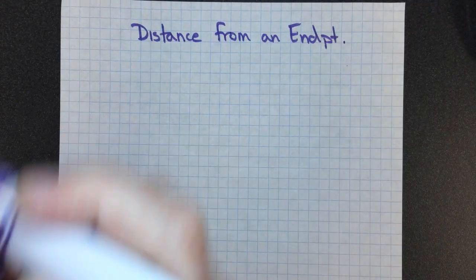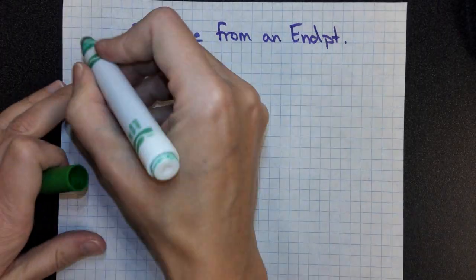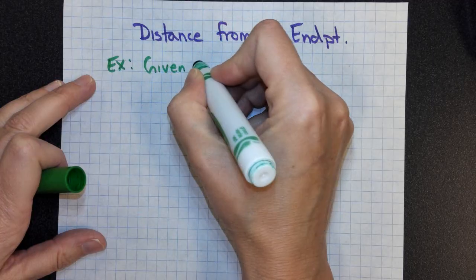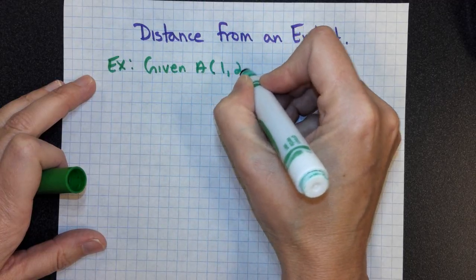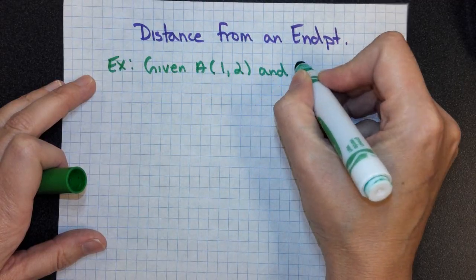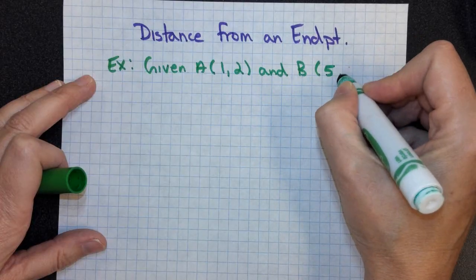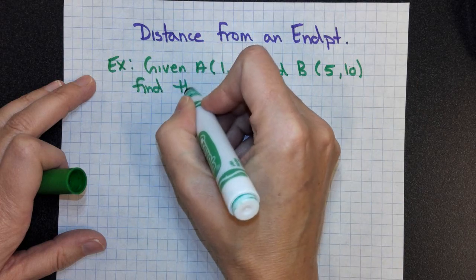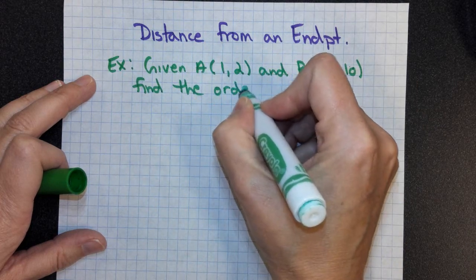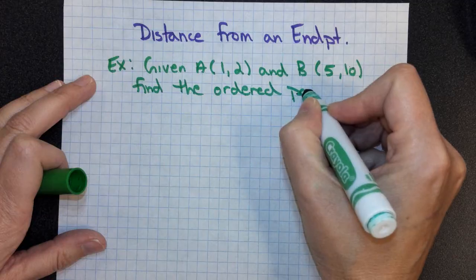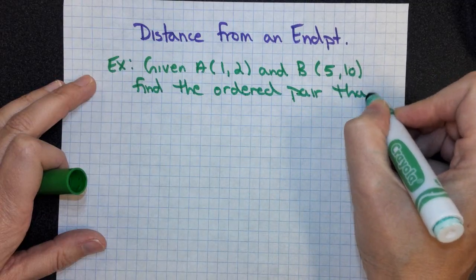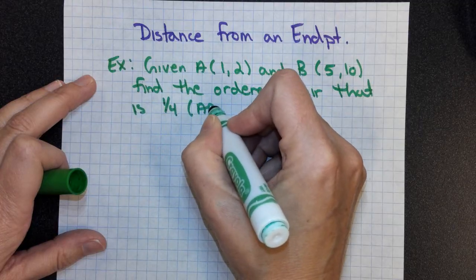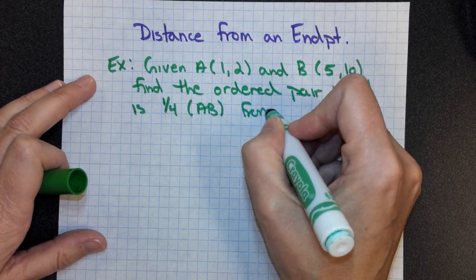And we're going to use the example here of: given point A is at (1, 2) and B is at (5, 10), find the ordered pair that is 1/4 the length of AB from point A.